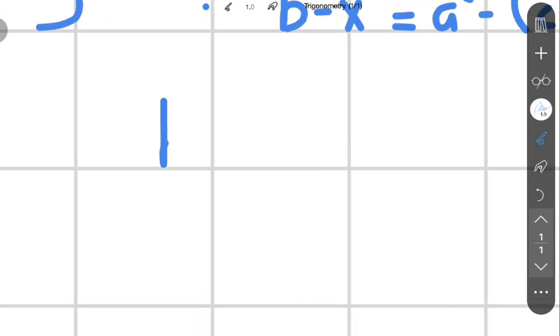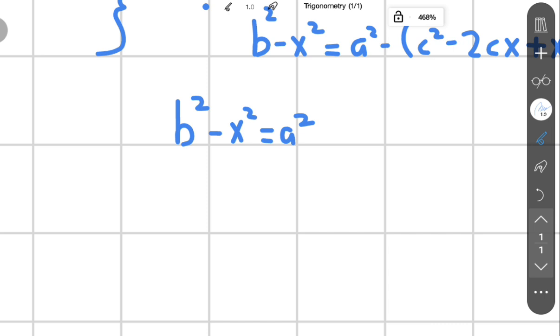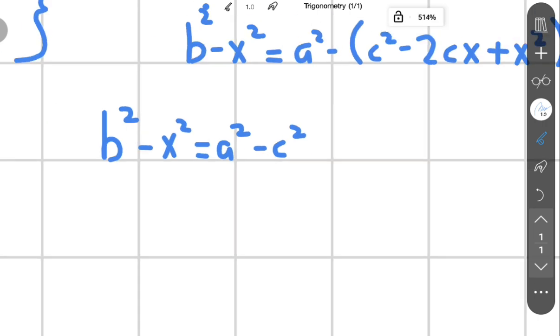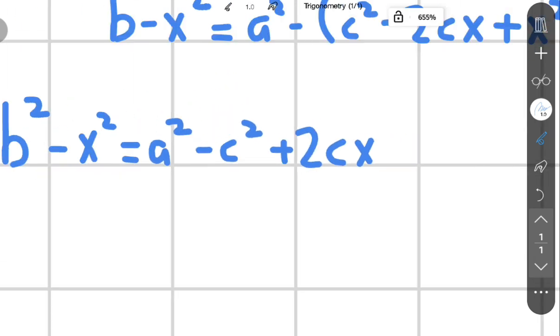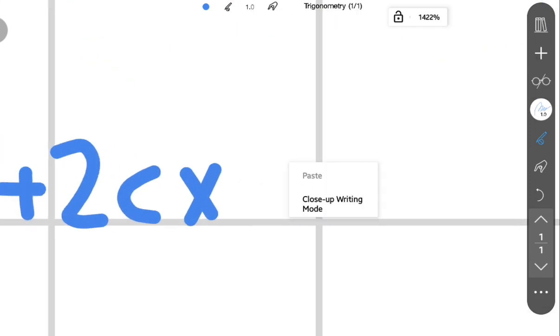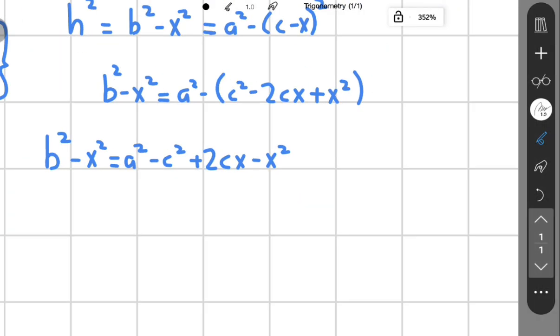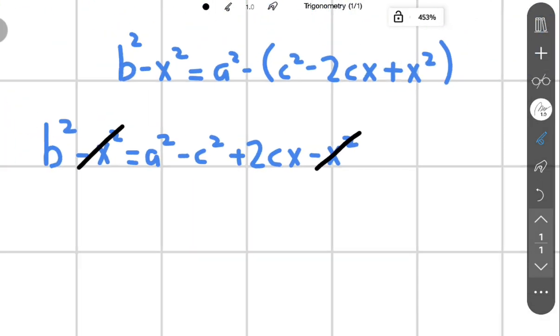So we'll have b squared minus x squared is equal to a squared, and let's flip the signs for each term: minus c squared plus 2cx minus x squared. You'll realize that we can cancel out x squared on both sides.